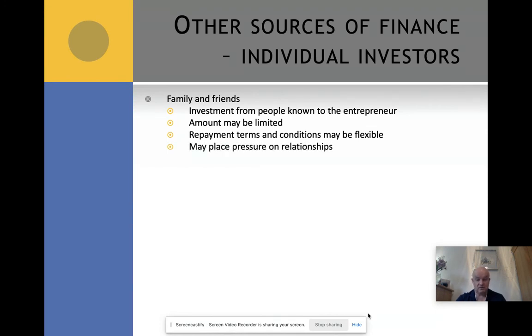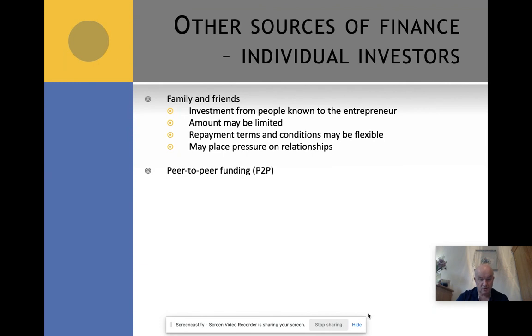It can obviously place some pressure on relationships. Let's say you choose to go down the family and friends route, and then actually you're not able to provide the returns that ideally you would like. Then that obviously can create its own set of issues, as you could imagine.